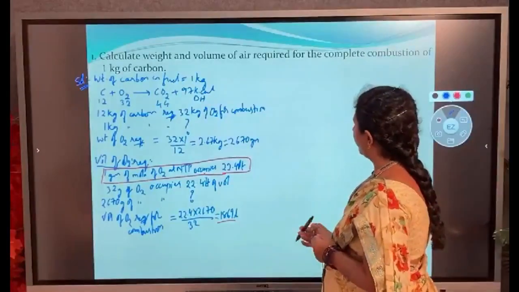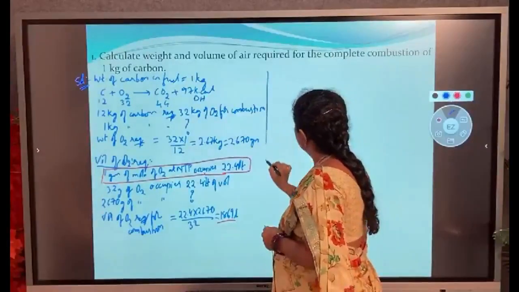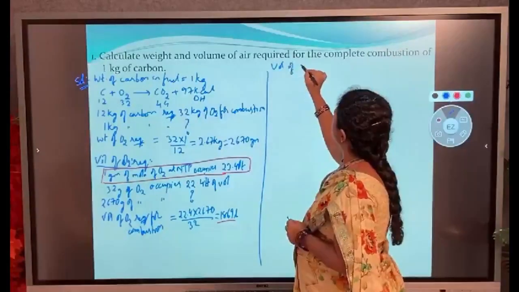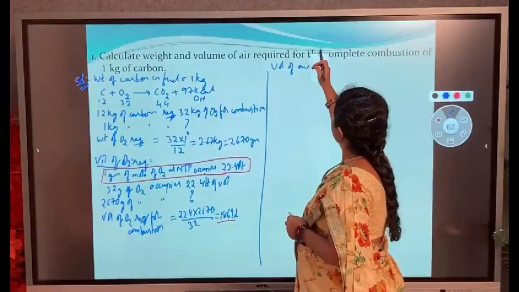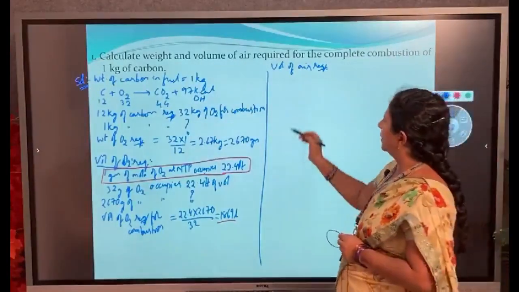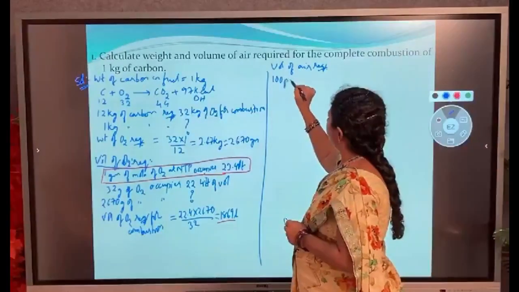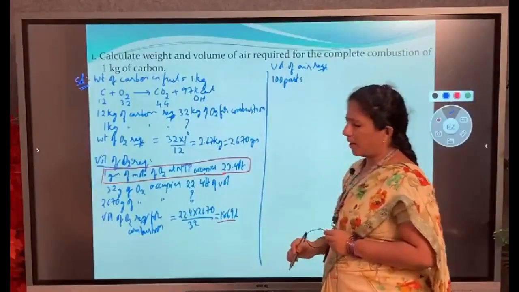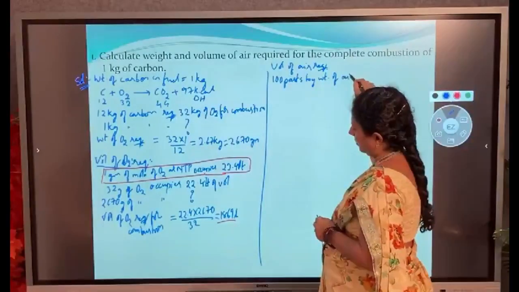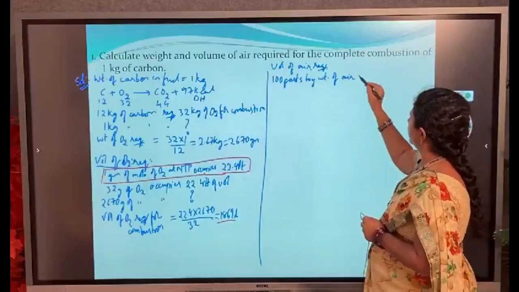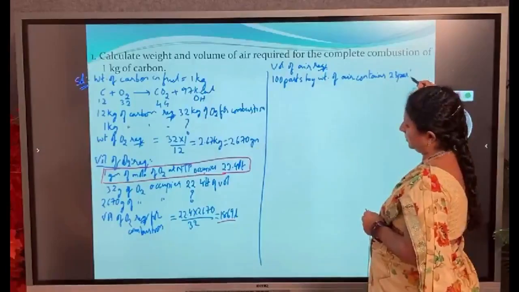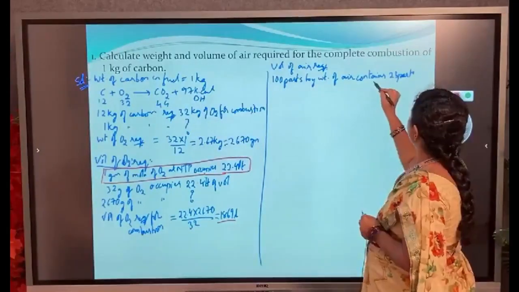Next, volume of air required. How we will calculate: the second formula we have discussed. 100 parts by weight of air contains 23 parts by weight of oxygen.